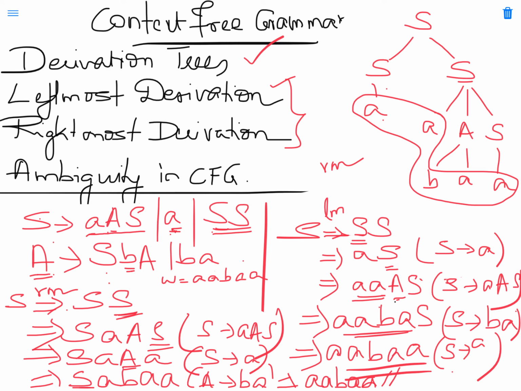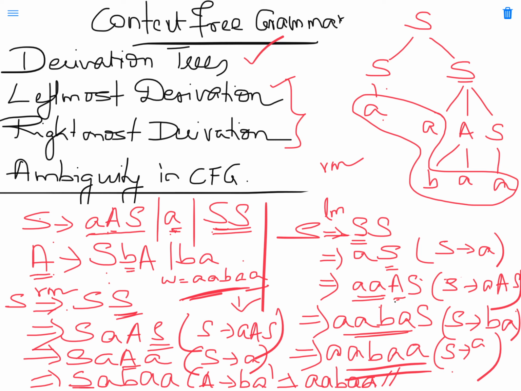Repeatedly doing this is how you will be able to understand how to choose a production in order to derive this string. Okay, so this is the case with leftmost derivation and rightmost derivation. We can see that in the leftmost and rightmost derivations, the order of applying the productions is different.